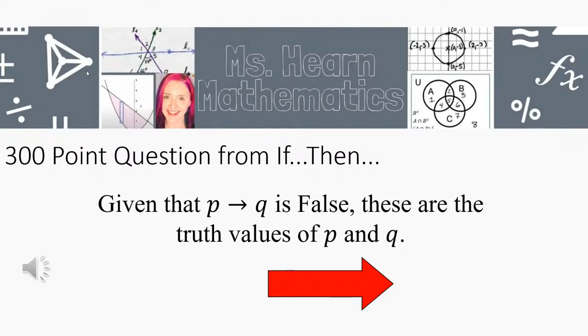So I'm looking for the truth values of P and Q. They're both false, is that what you're saying? P is false and Q is false, in order to get a false?